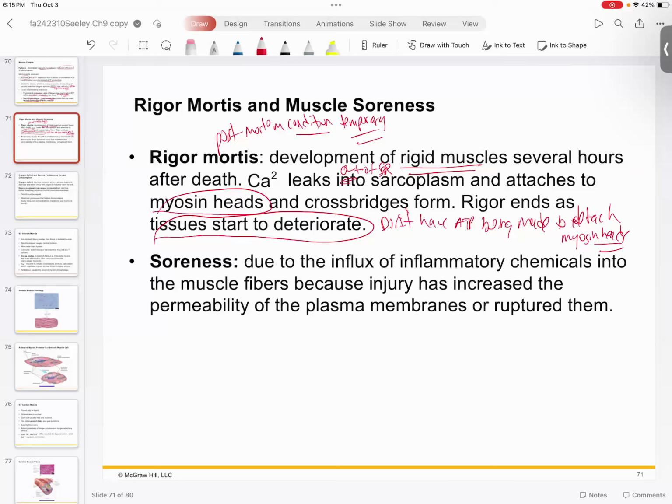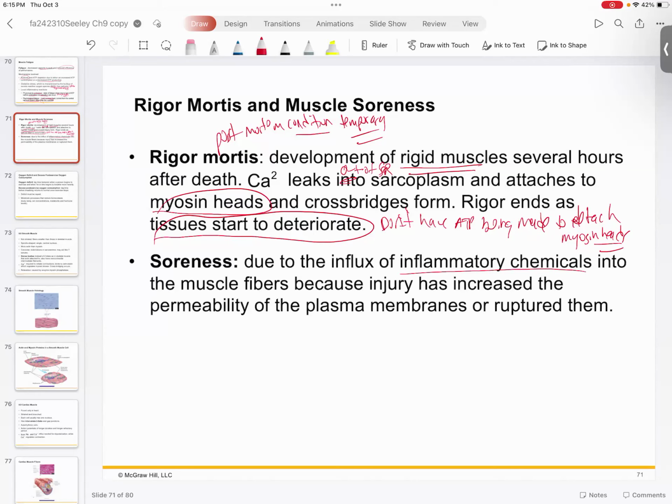Soreness basically is a situation where you have an influx of inflammatory chemicals that goes into the muscle fibers because the injury has increased the permeability of the plasma membrane of the muscle fibers, or has ruptured them.